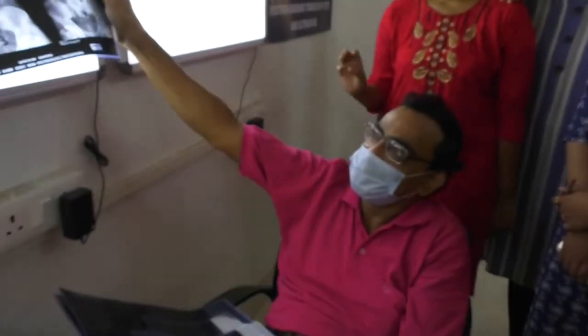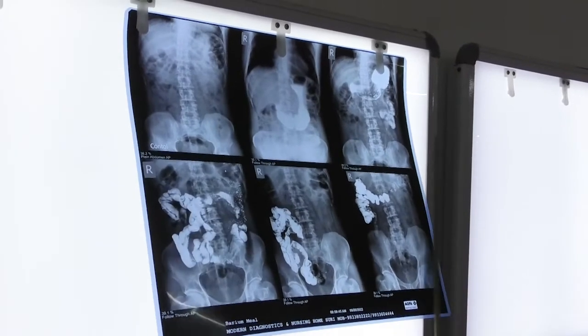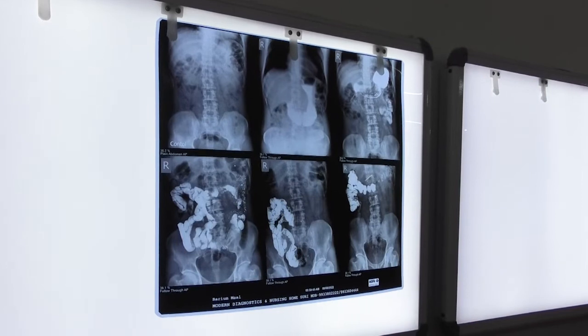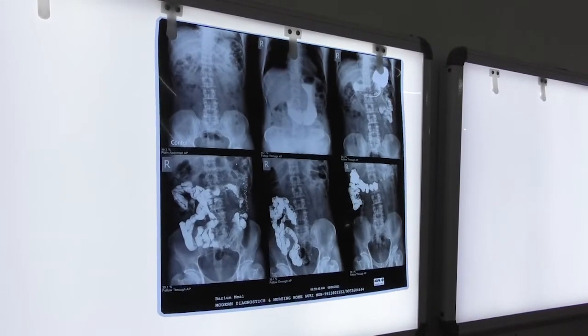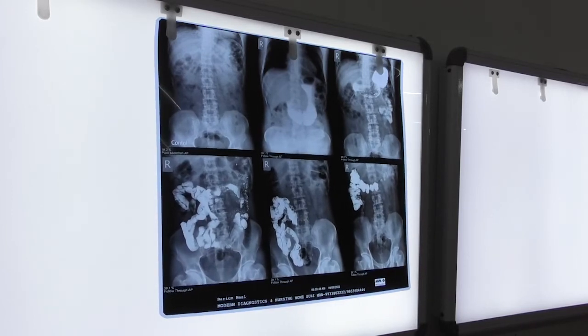Now this is what we say, this is the contrast radiogram. This is a contrast radiogram because what contrast media is used here? We give barium sulfate, 50% barium sulfate.